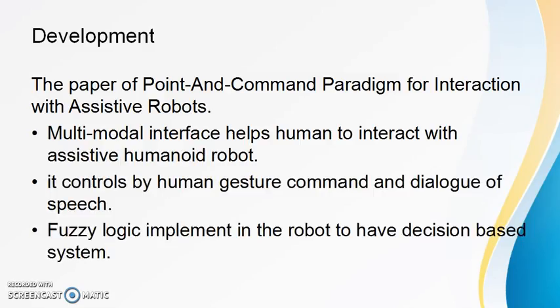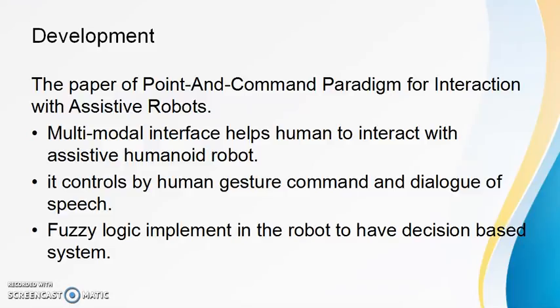Next is the paper Point and Command Paradigms for Interaction with Assistive Robots. In this paper, they have introduced a multimodal interface to help humans interact with an assistive humanoid robot, and it is controlled by human gesture, command, and dialogue of speech.